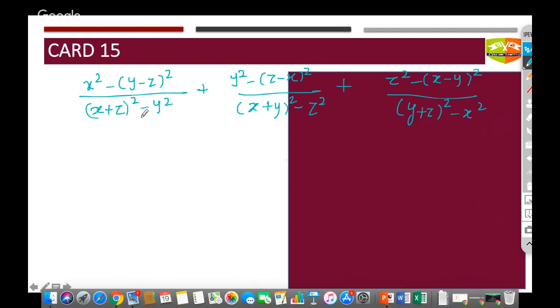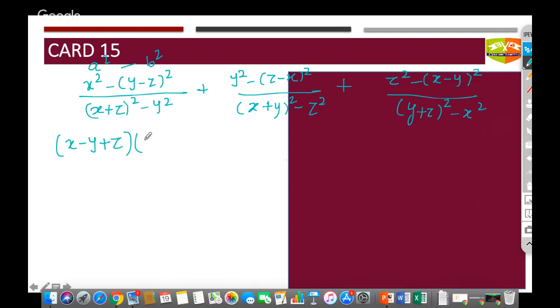First look at the numerator. This is something of a square minus b square kind, so it can be written as (a − b)(a + b). So I'm writing (x − y + z), and minus, minus becomes plus.